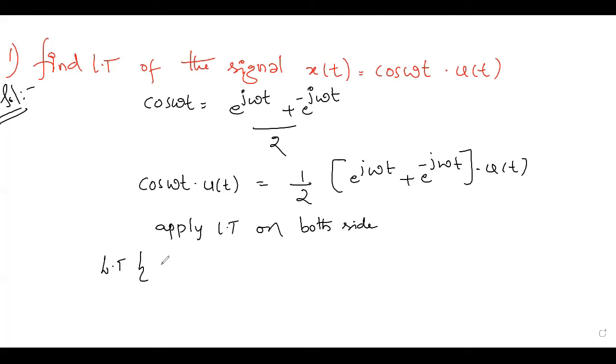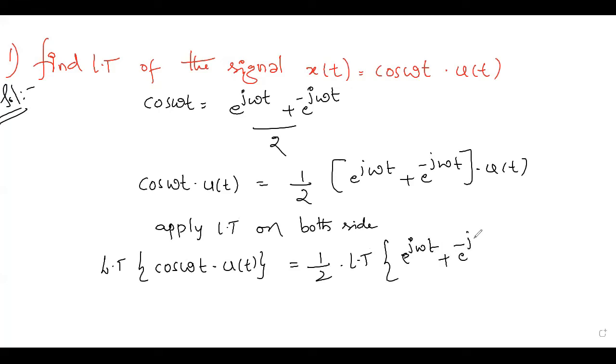Laplace transform of cos omega t into u of t equals half, which is constant, into the Laplace transform of the total term e power j omega t plus e power minus j omega t into u of t.